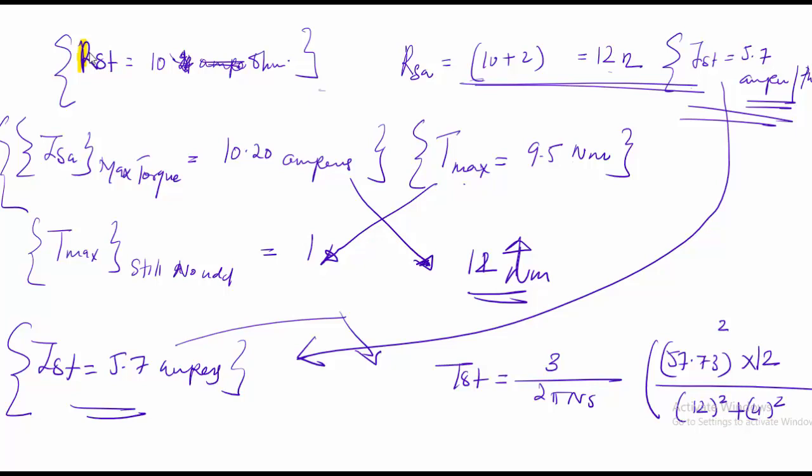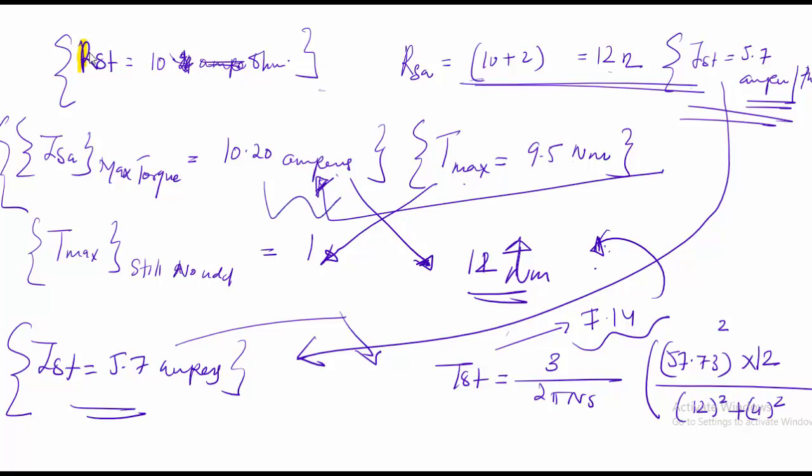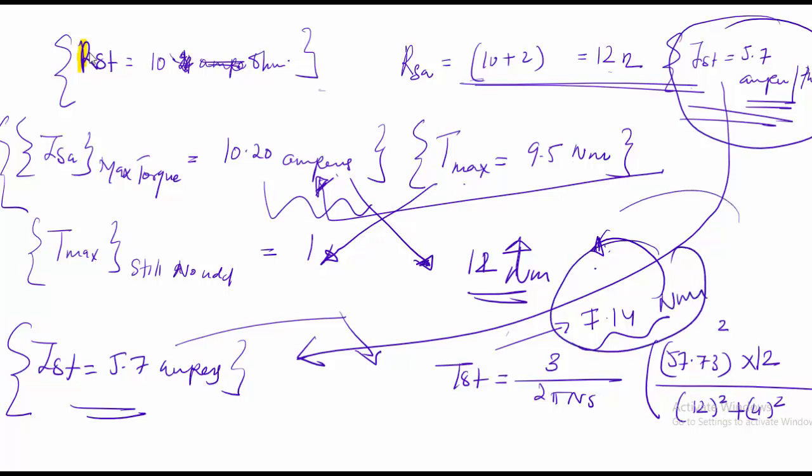So your starting torque in this case comes close to 7.14, which is again less than this one. At maximum torque you are getting a current close to 10 amperes, while here you are getting a current close to 5.7 amperes and your torque is 7.1 Newton meter. So there is a reduction in torque.